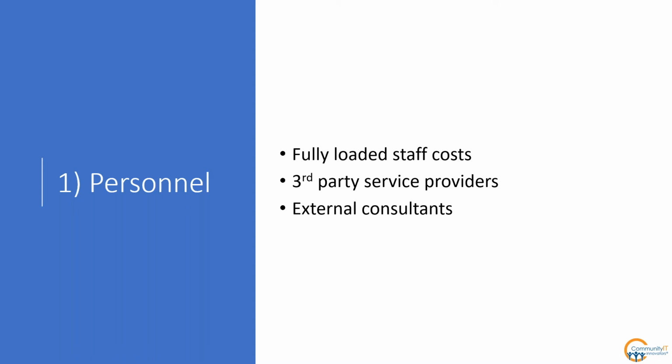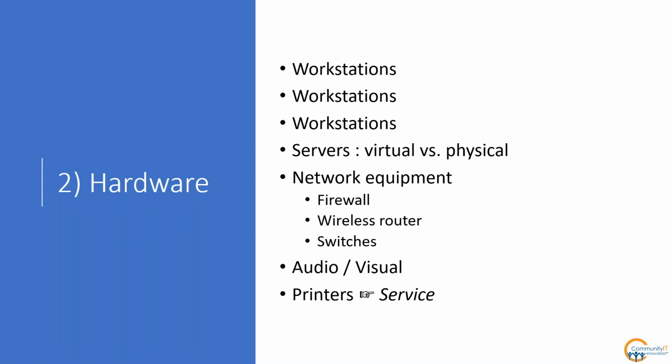So the first area to put in your draft budget is personnel. The next is hardware, workstations. I don't know if I needed to emphasize that 3 times. It seems to be more of a priority for people these days than it was 3 or 4 years ago. But I can't overemphasize, if your staff are working on old, out-of-date workstations, they're not working.